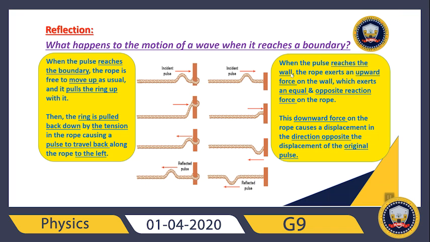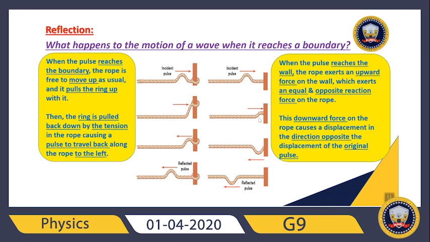When it strikes the wall, the rope exerts an upward force, because here the pulse is above the equilibrium position. The wall, since it's fixed, exerts an equal and opposite reaction force on the rope.